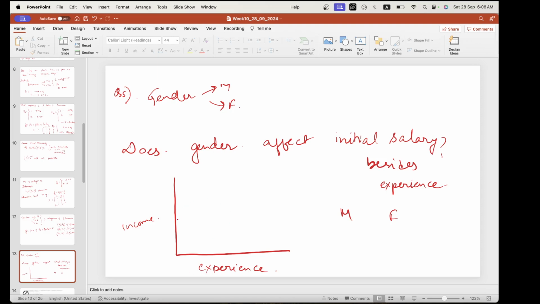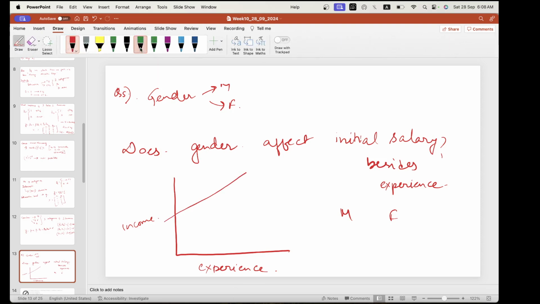Now, let's say this is the line for females, and this is the line for males.